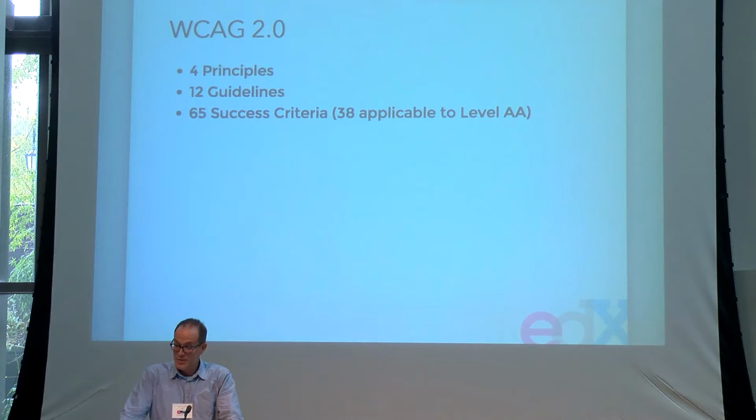However, not all of the success criteria can be tested automatically, and some still require human verification. Many of the criteria that must be met are dependent on the context in which they appear and the quality of the solution. Both of those are very difficult, if not impossible, to test automatically. However, a fair amount can be tested automatically, and we have recently just added accessibility tests to our testing framework that can run on code that's submitted to the edX repository.